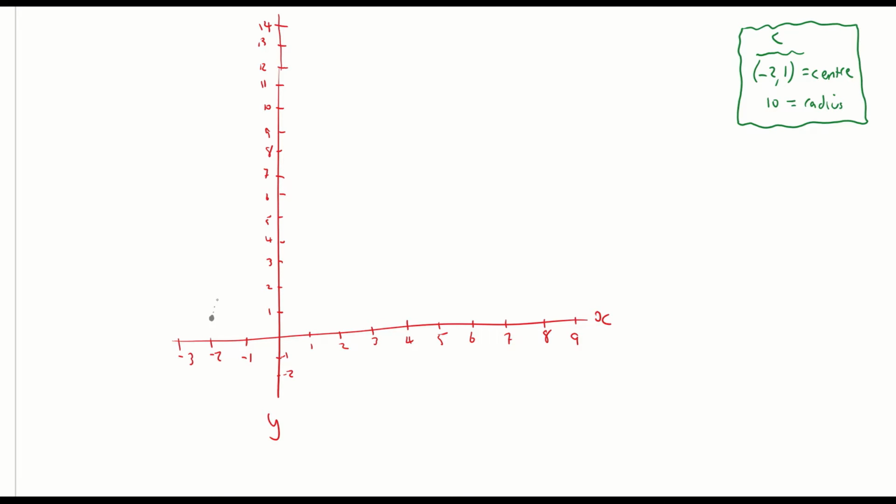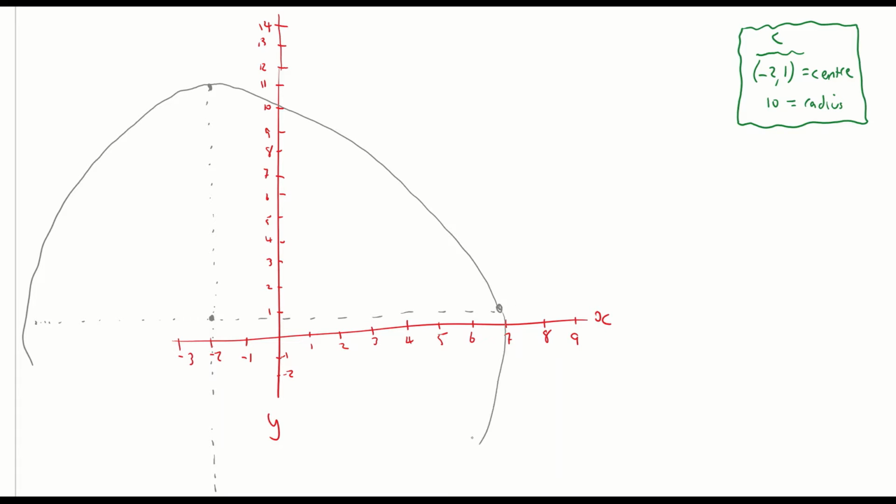So I go up 10, which brings me to 11, go back 10, bringing me to -12, go forward 10, bringing me up to 8, and down 10 is bringing me to -9, so somewhere down here. And if I was to sketch that with my circle, very rough here, it's going to look something like that. Okay, well, let's just park it there for a second.